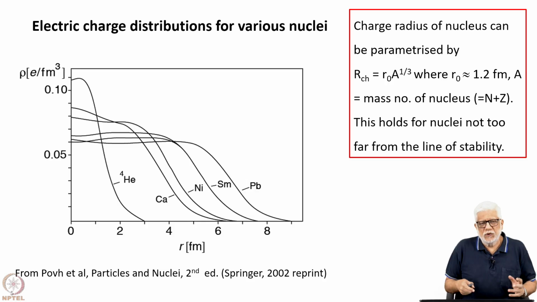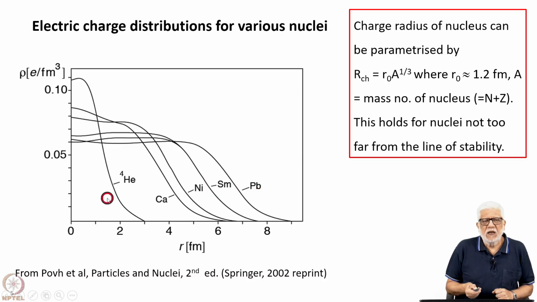Okay, so this was actually pioneered by Robert Hofstadter, who eventually got the Nobel Prize in 61 or 62, and he measured the electric charge distributions for various nuclei, right from light nuclei such as helium-4 right up to lead.